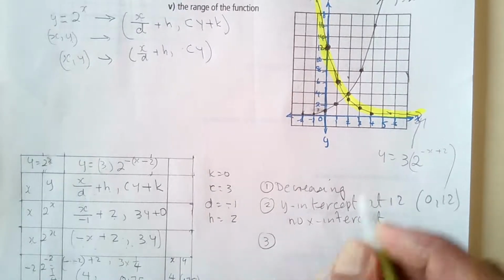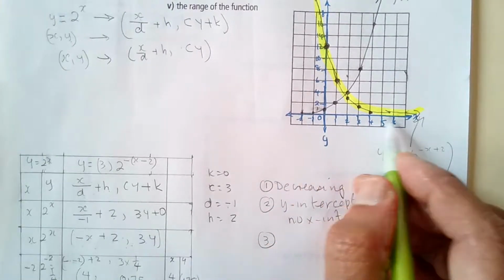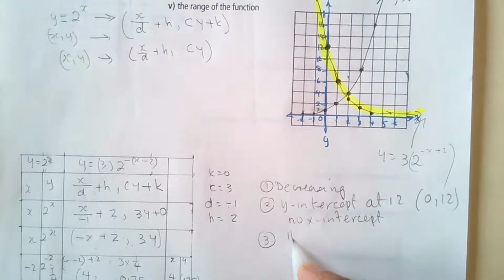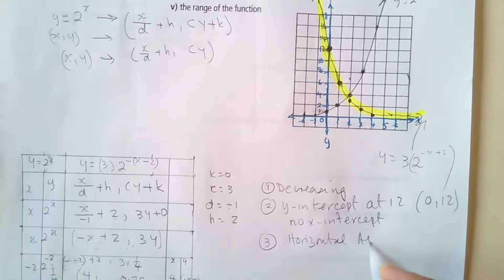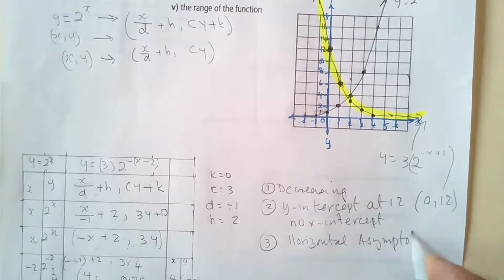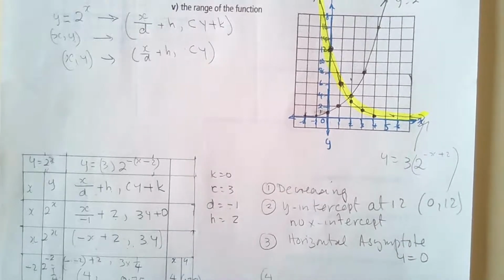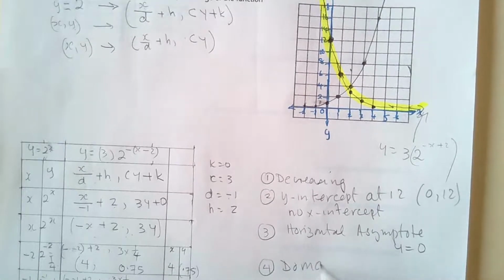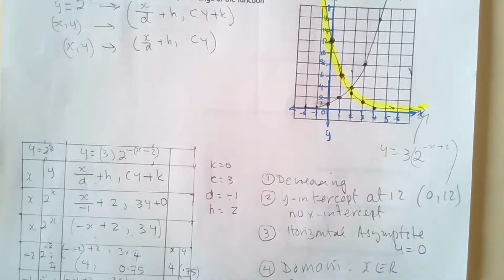Horizontal asymptote is where y is equal to 0, because it goes closer and closer to the x-axis but never touches it. Y equals 0. And finally, our domain and range. Our domain will be all the real numbers. And the range, y is greater than 0.